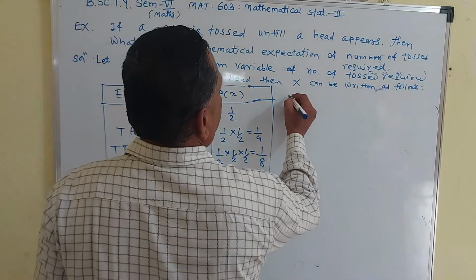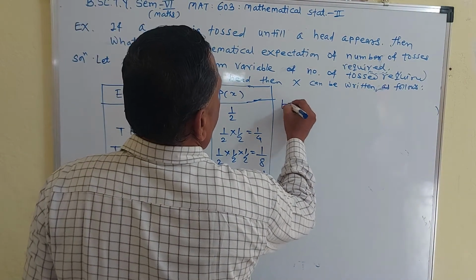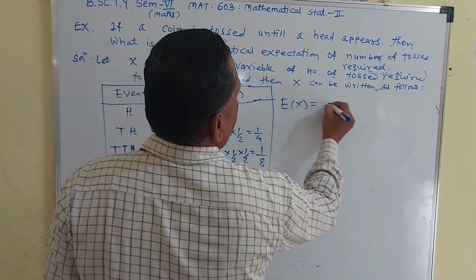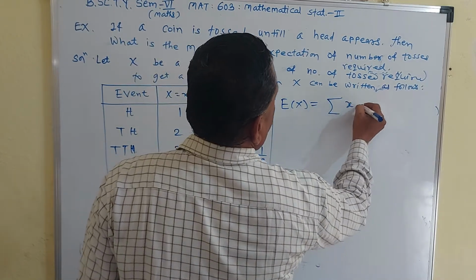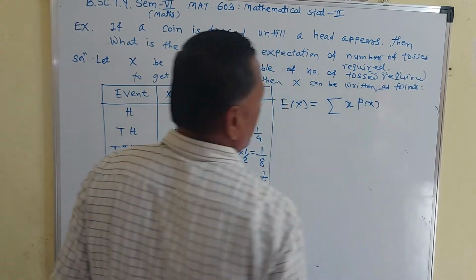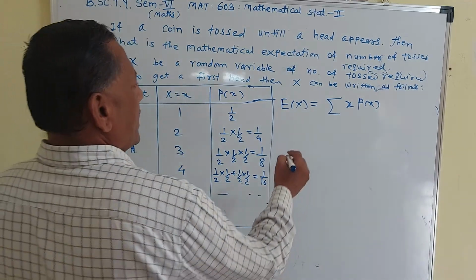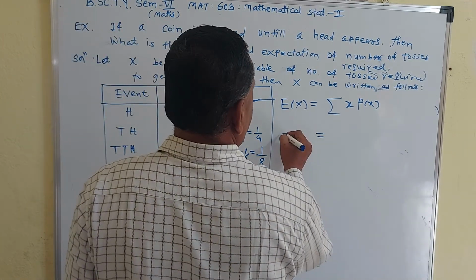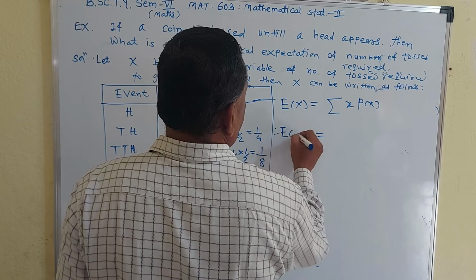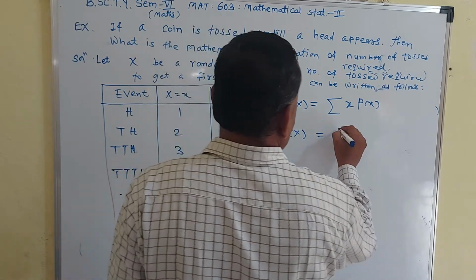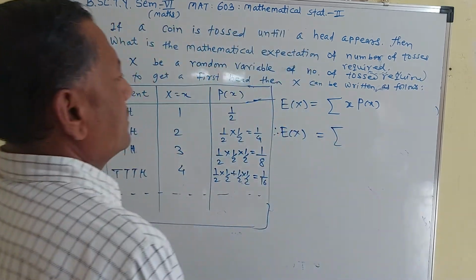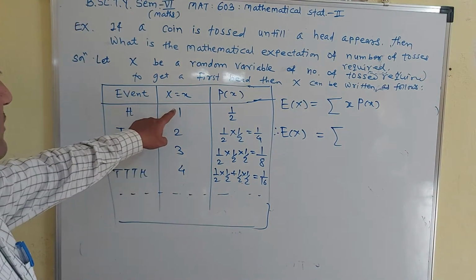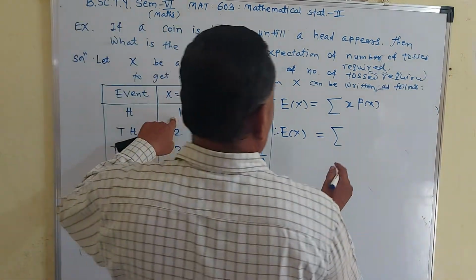Therefore, by the definition of mathematical expectation, what is E of x? E of x is equal to the summation of x into P of x. Here, the number of tosses required x is 1 into 1 by 2.